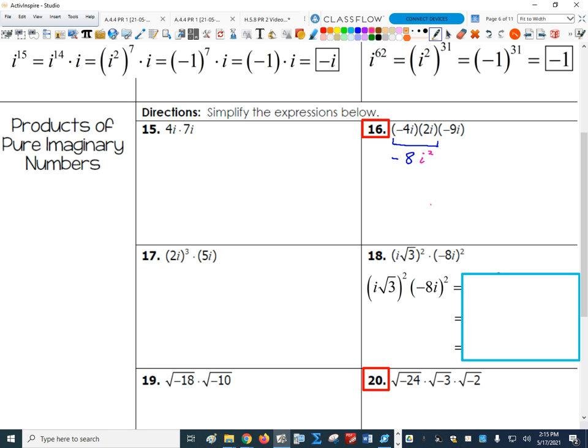So when we're multiplying imaginary numbers and we get an i squared, we're going to immediately convert that to a -1. So what's that going to do, James, to the sign of that 8? Yeah, it's going to make it a +8. We'll trade the i squared for that -1, which makes that whole product +8, right? And so then we end up with +8 times -9i. And now we just treat that i like an x again, right? So what's 8 times -9i? Yeah, there you go. -72i.